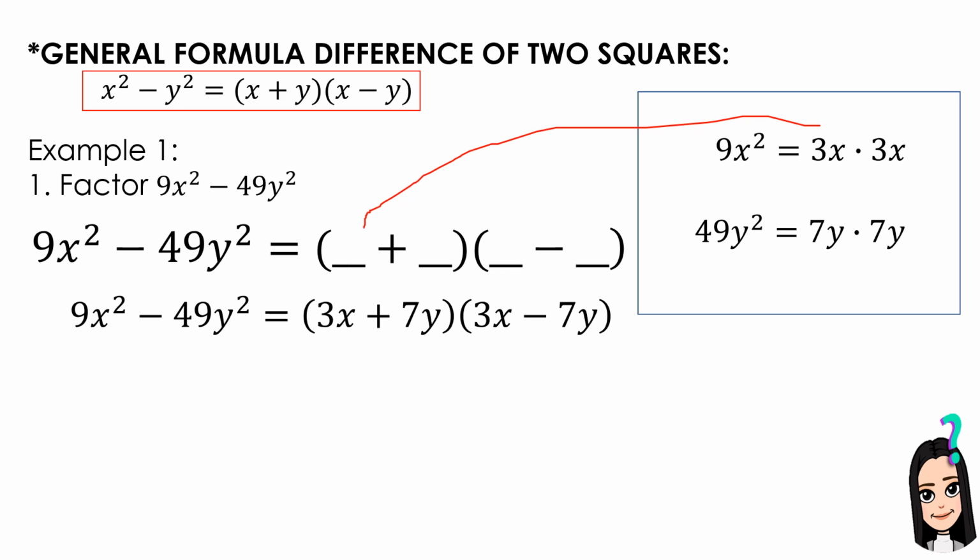So 3x, you put it here, then another 3x here, and then 7y here, and another 7y here. So our final answer, the factored form of the difference of two squares, is the quantity of 3x plus 7y times the quantity of 3x minus 7y.